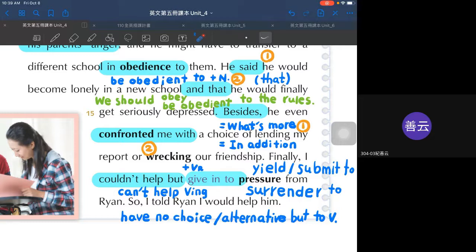So you can say, I give into pressure. I surrender to pressure. I yield to pressure. Or I submit to pressure. So you can use give into, yield to, submit to, or surrender to. They all share similar meanings.